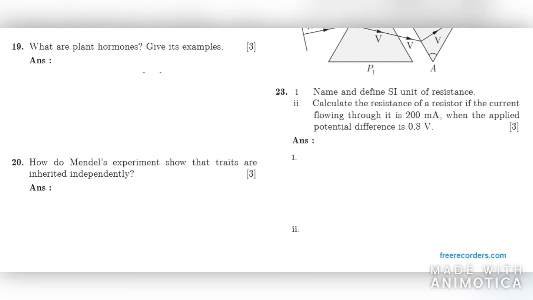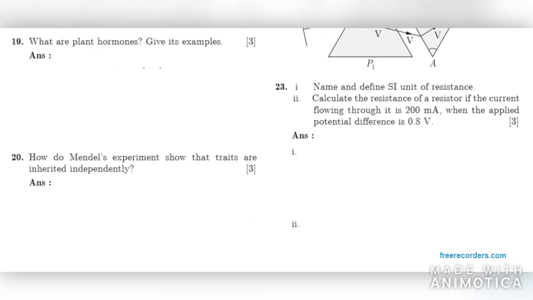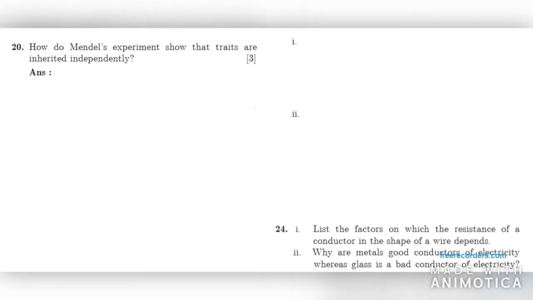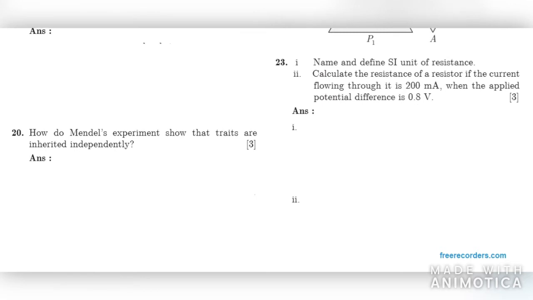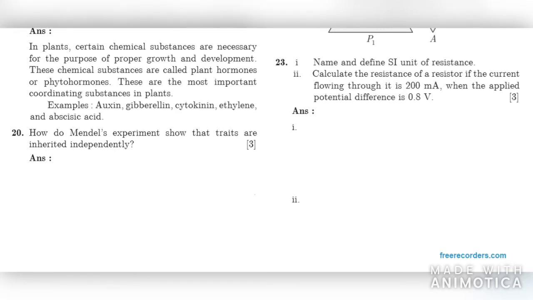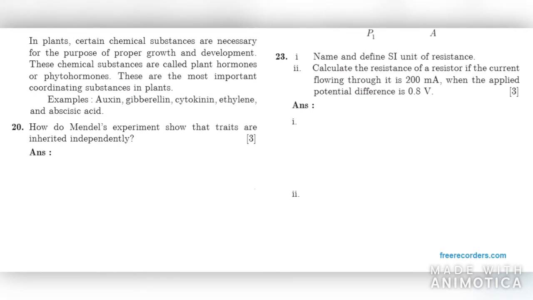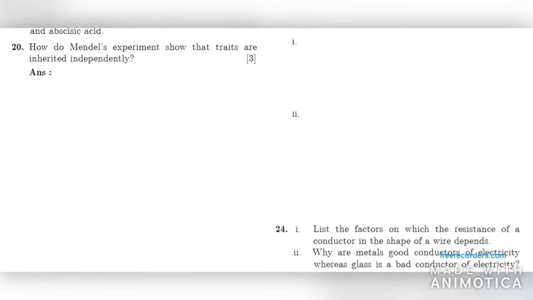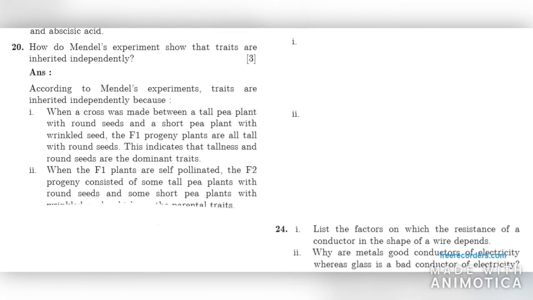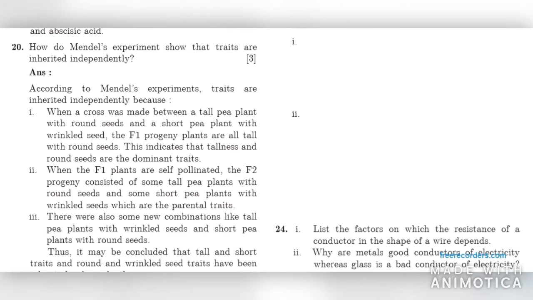Then question number 20 says, how do Mendel's experiments show that traits are inherited independently? In that you have to write about Mendel's experiment in which he shows how tall pea plants adopt round seeds and wrinkled seeds, with tallness and roundness as dominant traits.